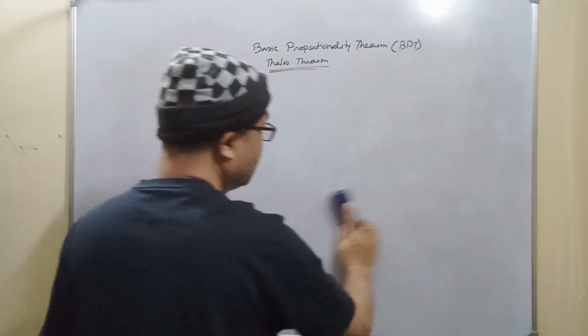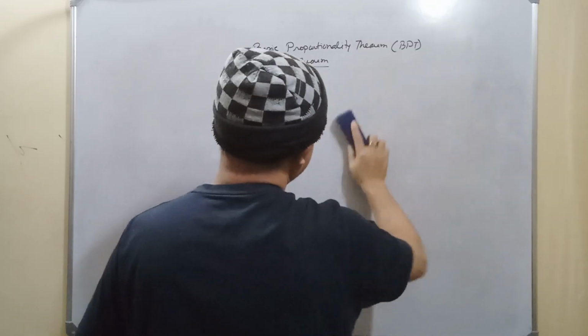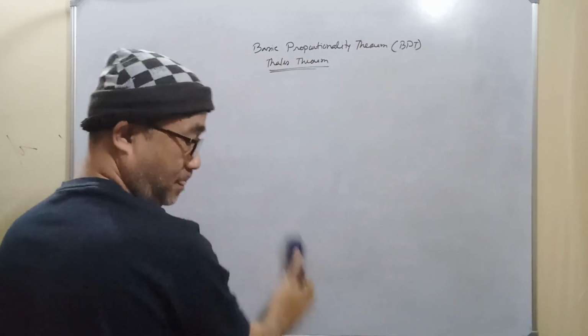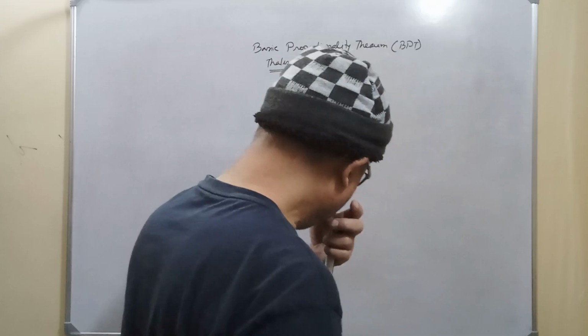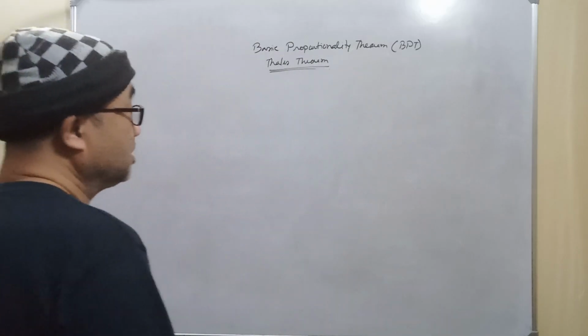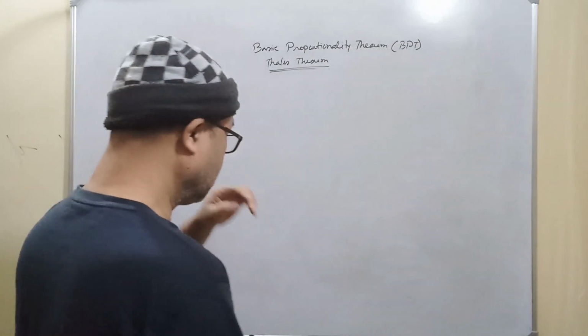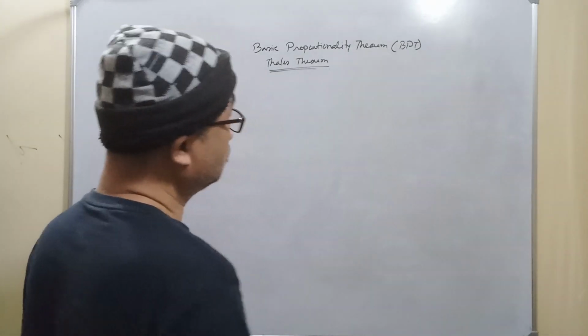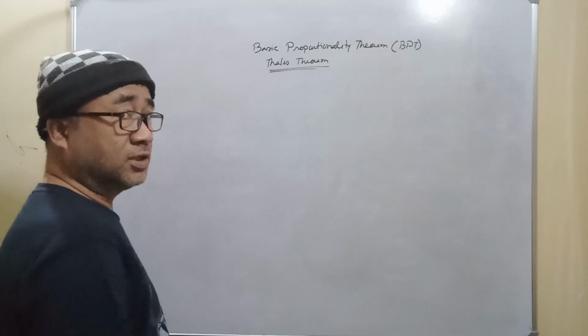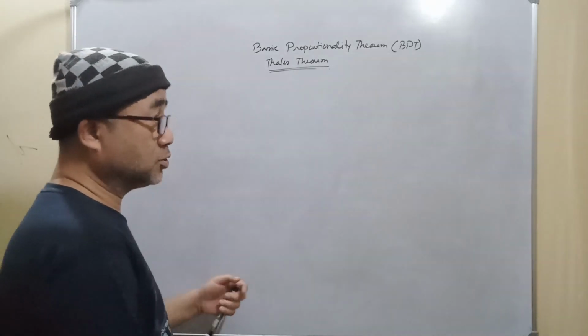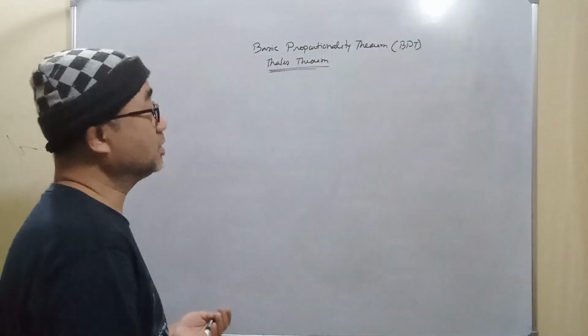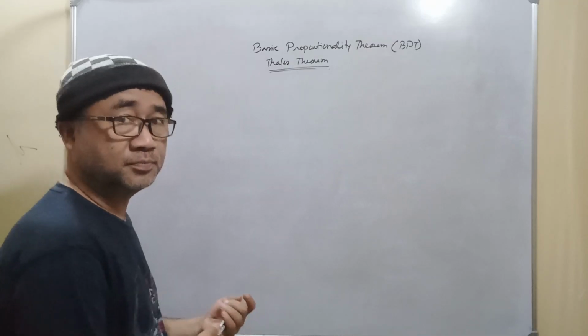I will just explain the theorem and prove it. The proof of this theorem is important because sometimes in exams you are asked to prove the theorem and also its converse. So both are important, the theorem and its converse.